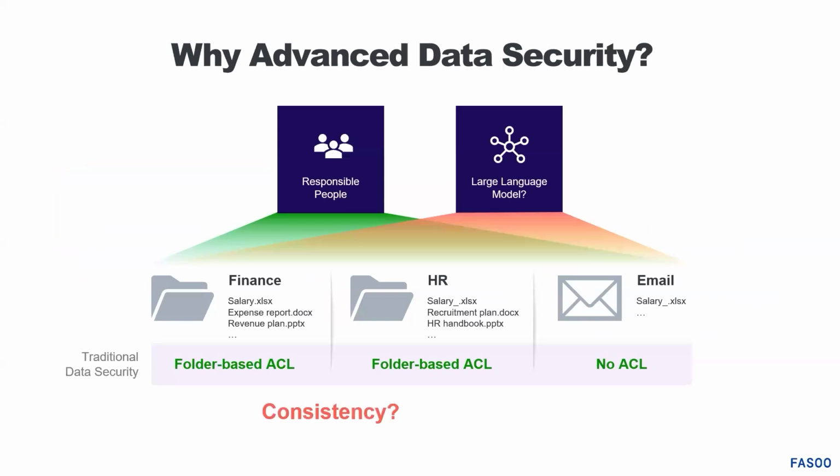This brings us to the concept of what we refer to as advanced data security. Now, traditional data security tends to be what we call location-based. And I mentioned this earlier.